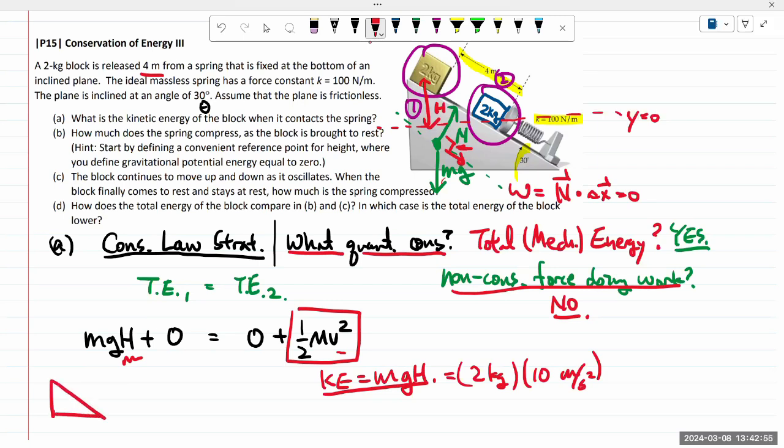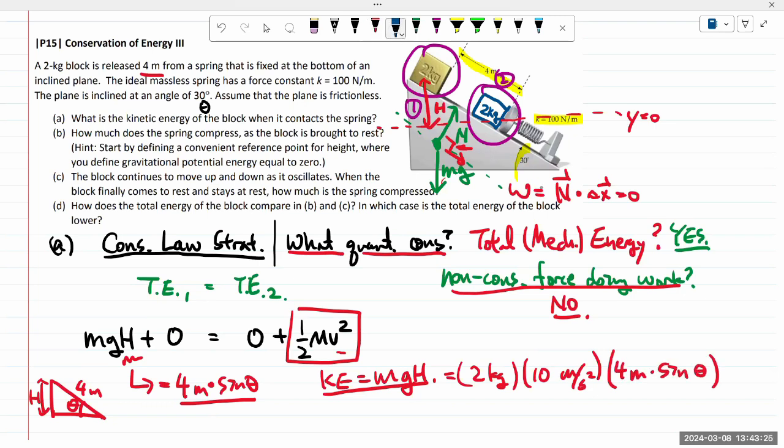Given the hypotenuse of 4 meters and the angle theta here, this opposite side, you can get it using sine. Sine is the opposite over hypotenuse. So solving that for h, h is equal to 4 meters, the hypotenuse, times sine of theta. So I can put this in for h. That would be 4 m times sine of theta.